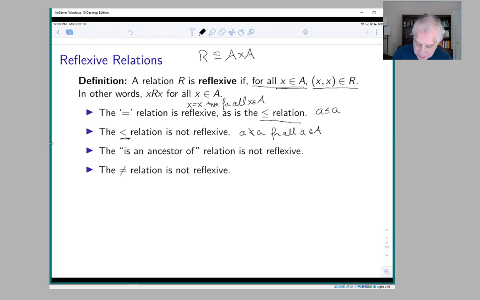If, instead of thinking about numbers, we were to think about people, and we were to say that person 1 is related to person 2 means person 1 is an ancestor of person 2, then that's not reflexive because you're not an ancestor of yourself. And finally, the relation not equals is not reflexive because x not equal to x is false. Right? So not equals is also not reflexive. So this is our first fundamental property, reflexivity.